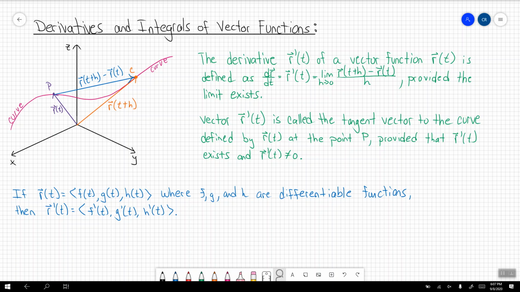That's where we start talking about the derivative of a vector function. We want that h value to become as small as possible, and therefore we send it to 0. The sub-definition says that this vector r prime of t is called the tangent vector to the curve defined by r of t at point P, provided that r prime of t exists and is not 0.